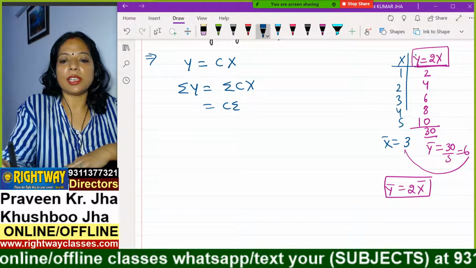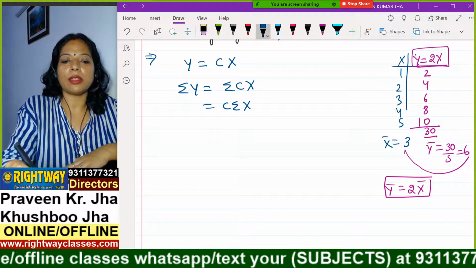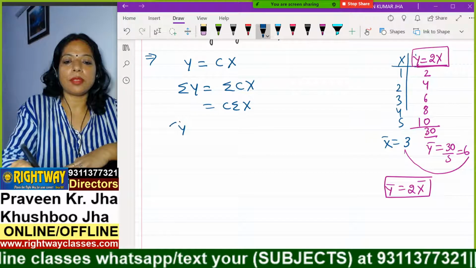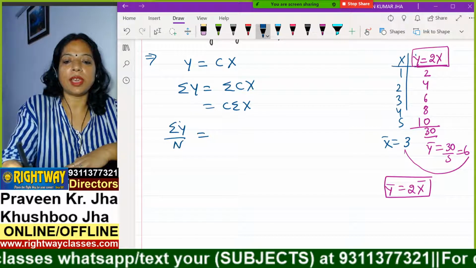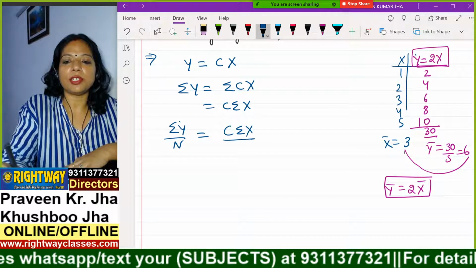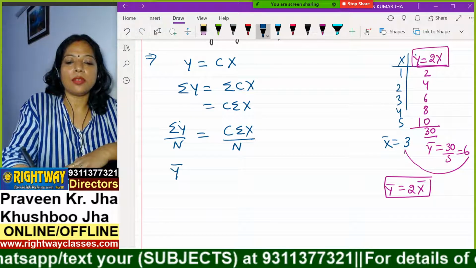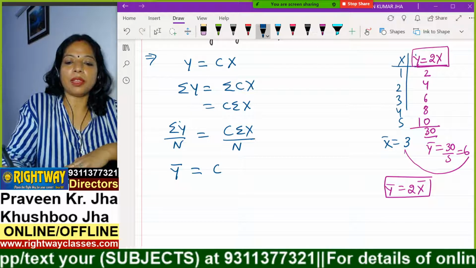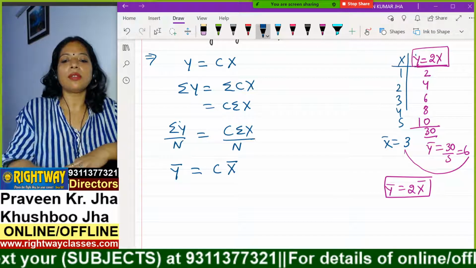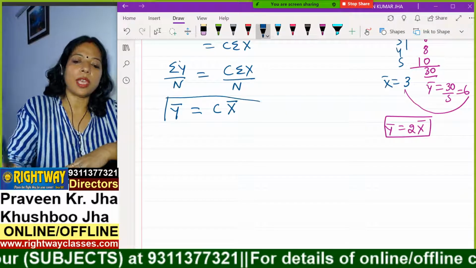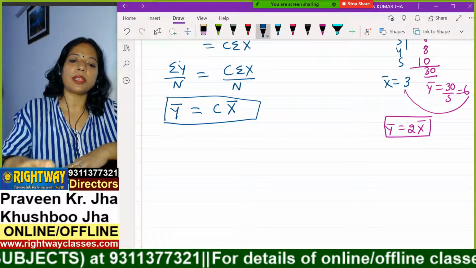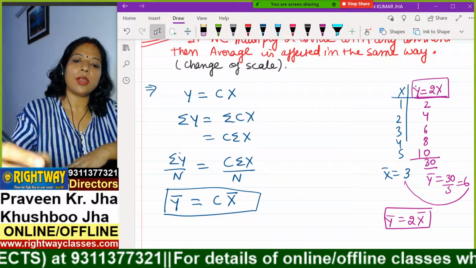C can be taken outside and this is summation x. Then dividing summation y by n and summation x by n, we get y mean is equal to c into x mean. So here we have proved that it will be affected in the same way.